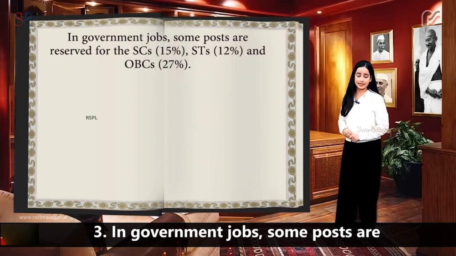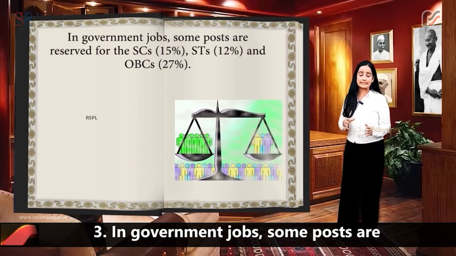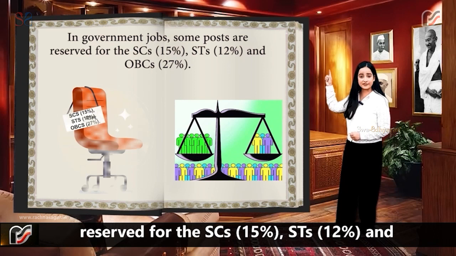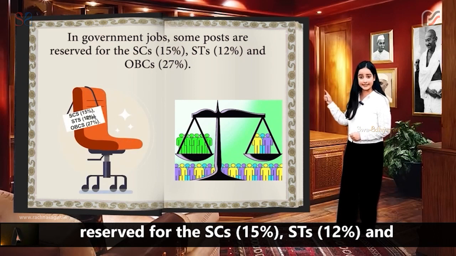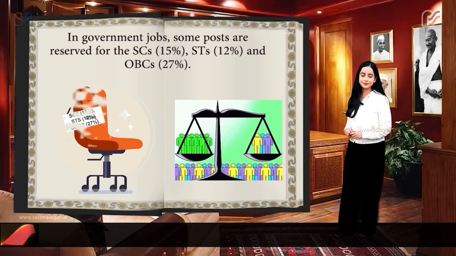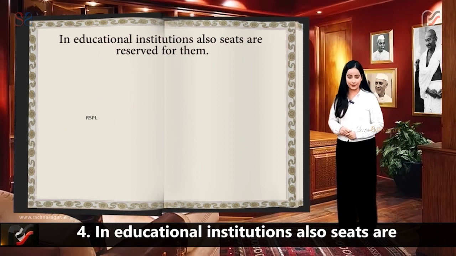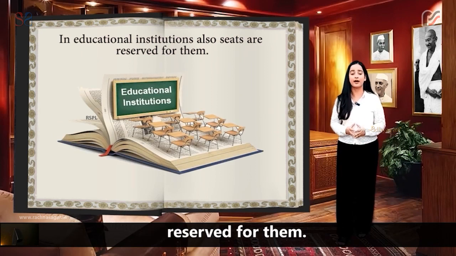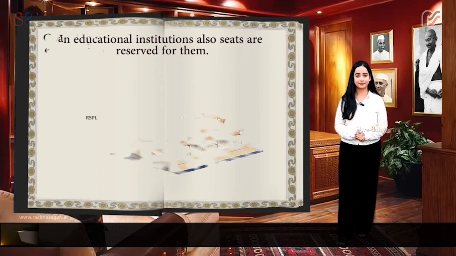Number 3. In government jobs, some posts are reserved for the SCs 15%, STs 12%, and OBCs 27%. Number 4. In educational institutions, also seats are reserved for them.